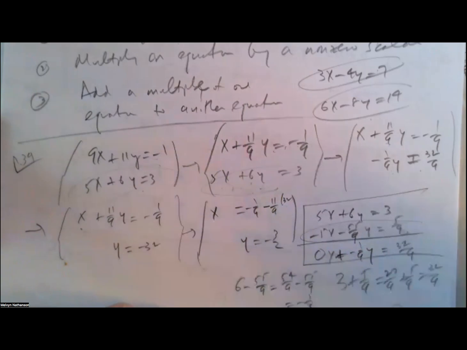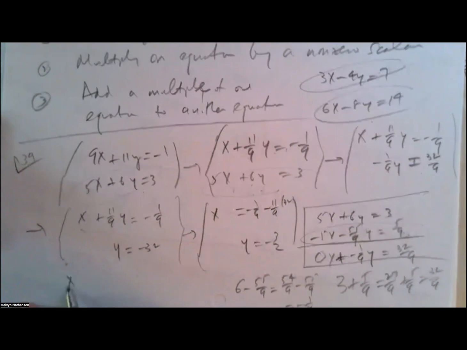What is this? 11 times 32 is 352, plus 1 is 353. Is that right? Yeah.